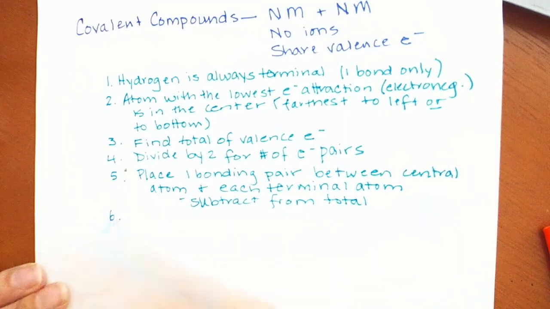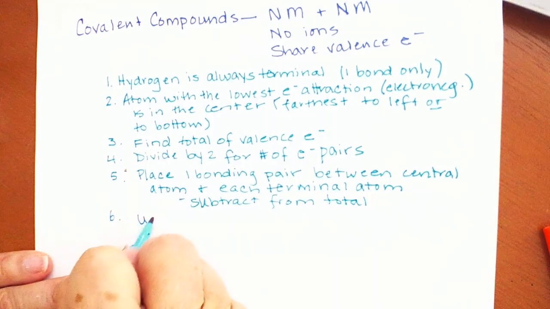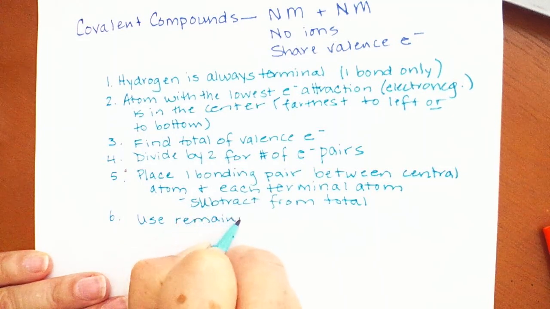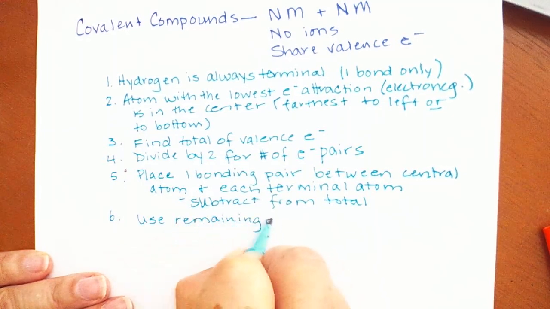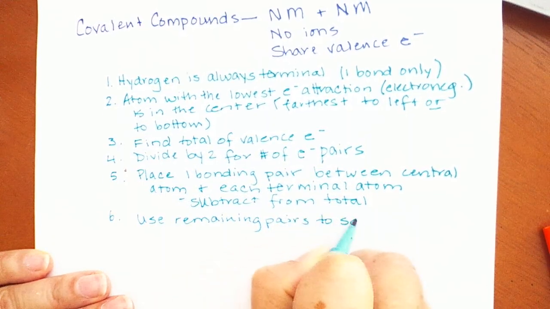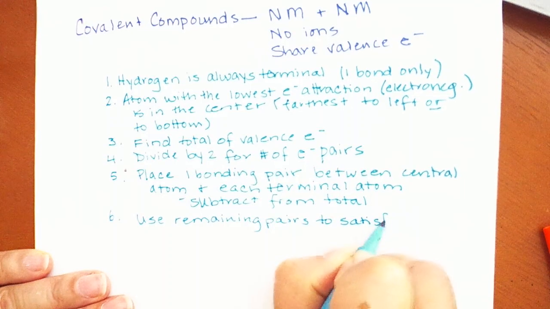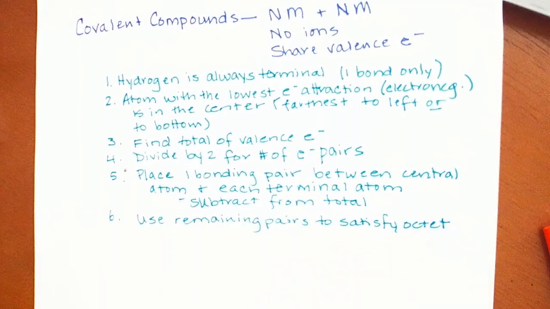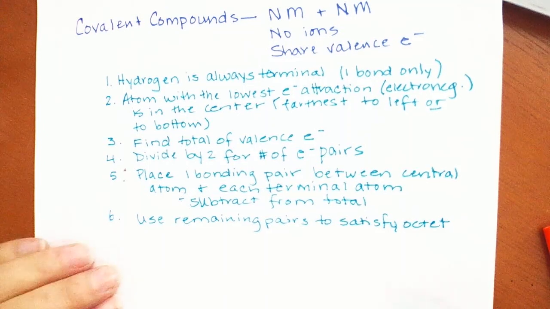Next, use the remaining pairs to satisfy your octet rule. In other words, all your atoms must have 8 around them or access to 8.